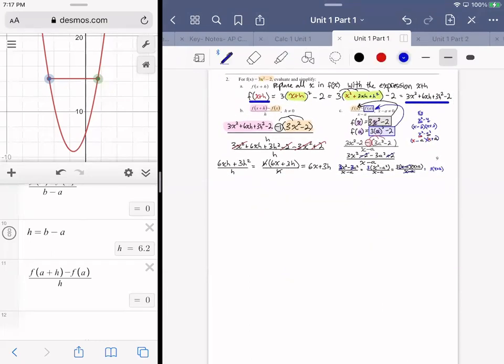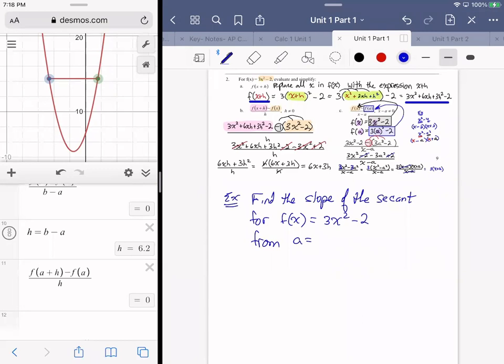All right, so let's say, for example, we needed to find the slope of the secant for the function f of x is equal to 3x squared minus 2 from a equals 1 to a equals 3.